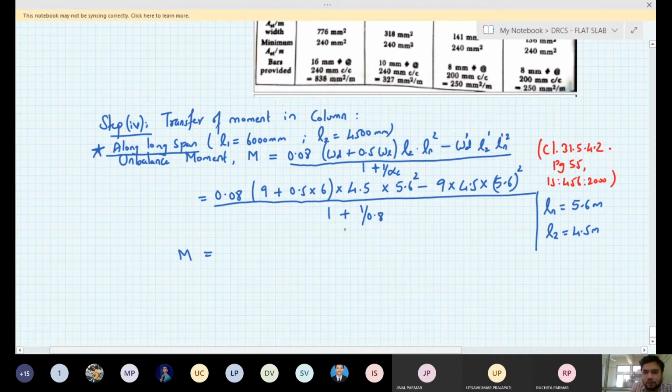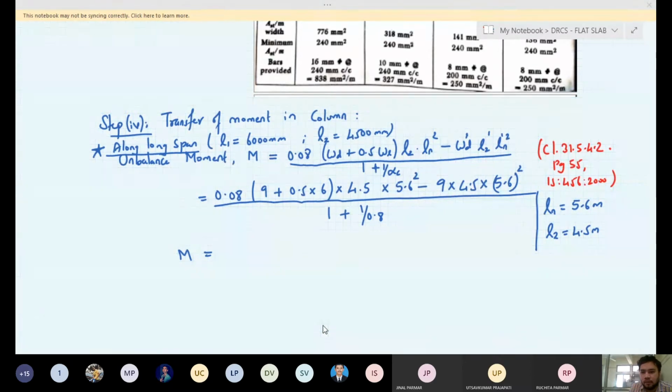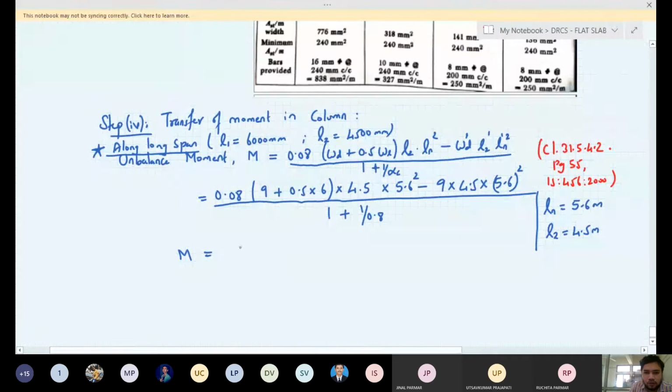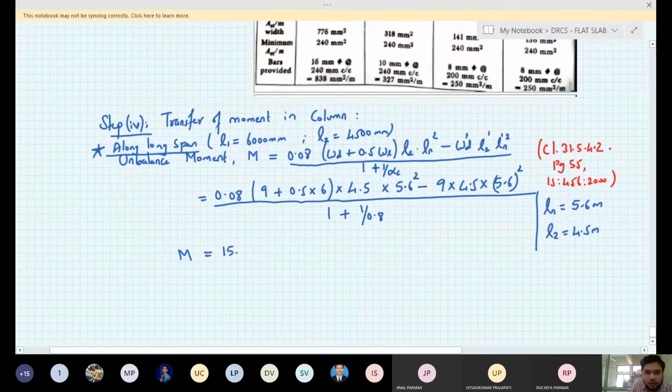How much is this value? So this will be around 15.05 kilonewton meter. So this is the total unbalanced moment along the long direction.